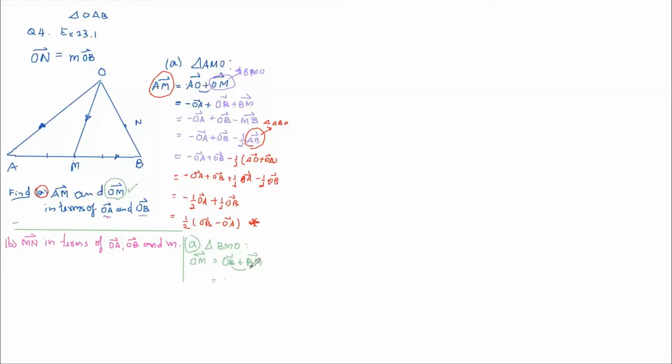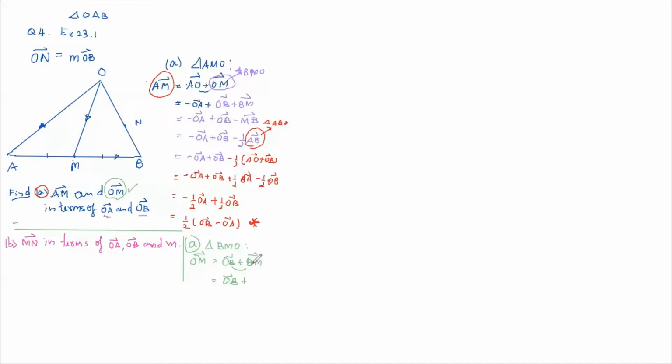OB and BM, write it down, OB plus OA plus AB. OA plus AB equal to OB. Okay, right? OA plus AB equal to OB, yes.